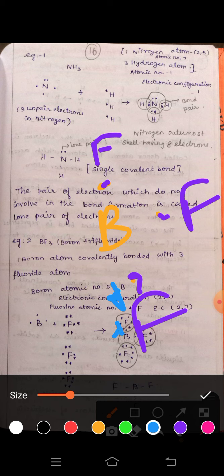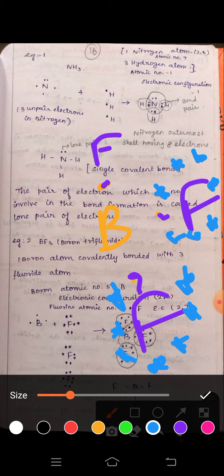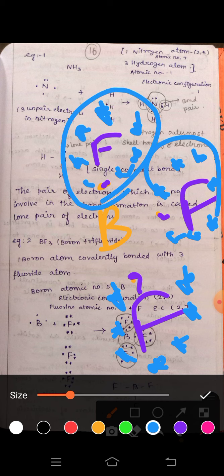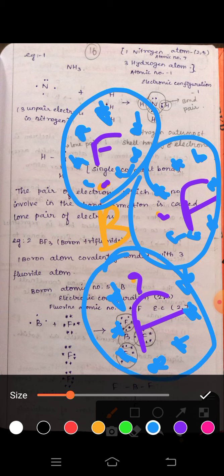See here, 1, 2, 3, 4, 5, 6, 7. Here also 1, 2, 3, 4, 5, 6, 7. So how is this?